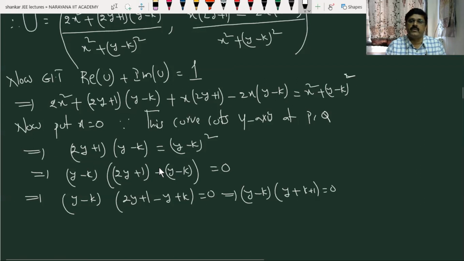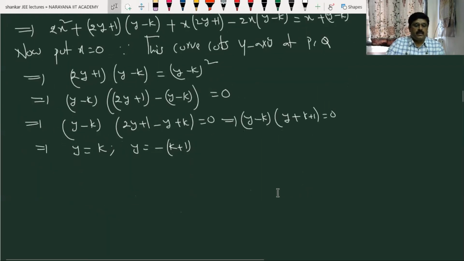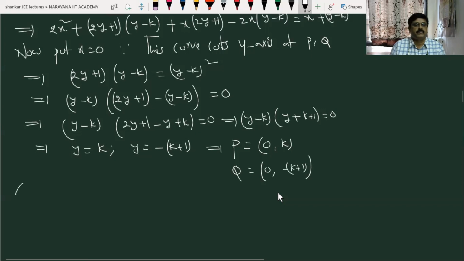Therefore, y is equal to k, y is equal to minus of k plus 1. Okay, students, implies P is equal to (0, k), Q is equal to (0, minus of k plus 1).